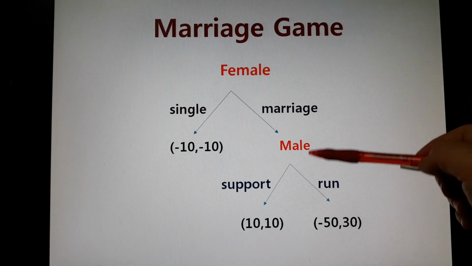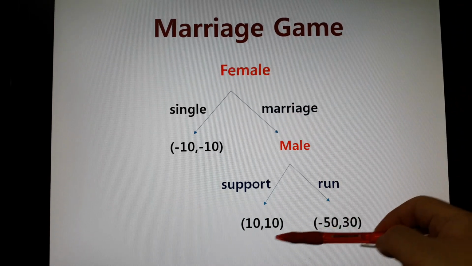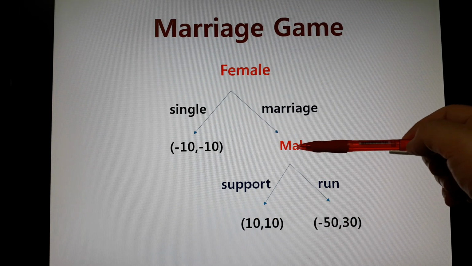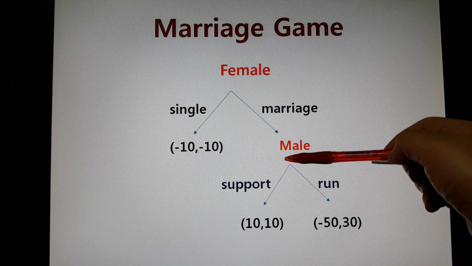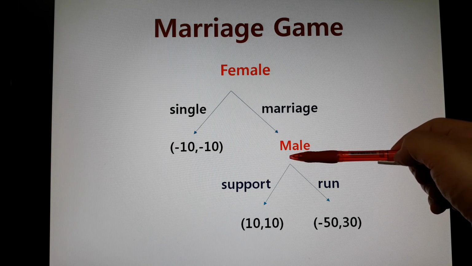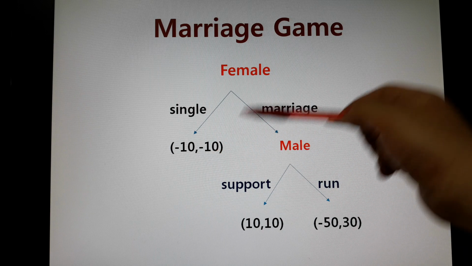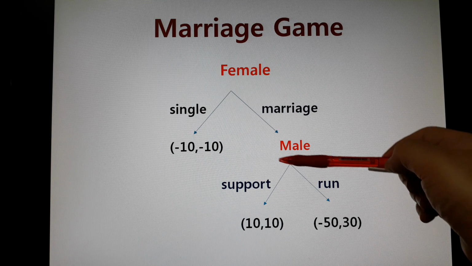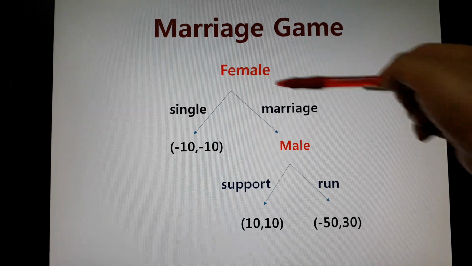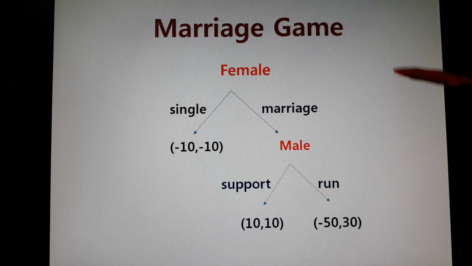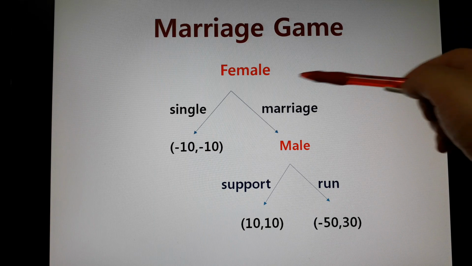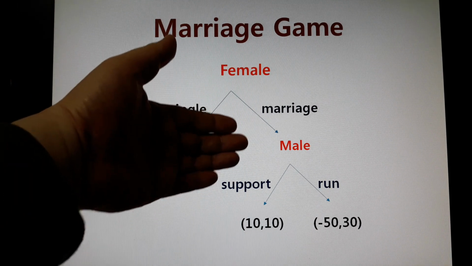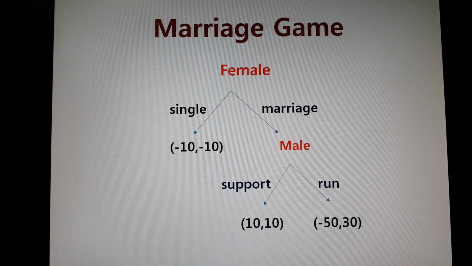So before marriage, male and female would be aiming for 10 and 10. Maybe the male inside wants 30, but at least at that moment, the male would be very anxious that he may end up at negative 10. So he says, oh, 10 is much better than negative 10, so trust me. But the female would not trust the male, but the female can trust the government, who presides over this marriage and forces the male to support the family.